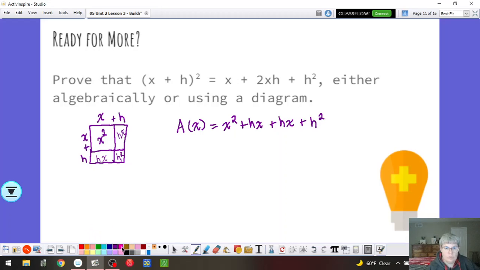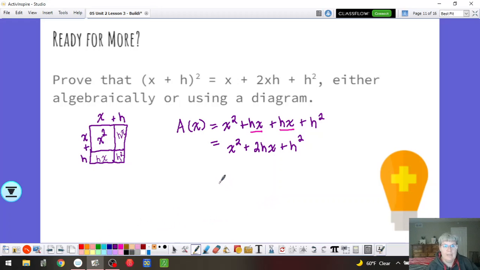And you should recognize that we have two like terms with the hx that we can combine. So we have x squared plus 2hx plus h squared. And I know I wrote it as hx instead of xh, but it means the same thing.